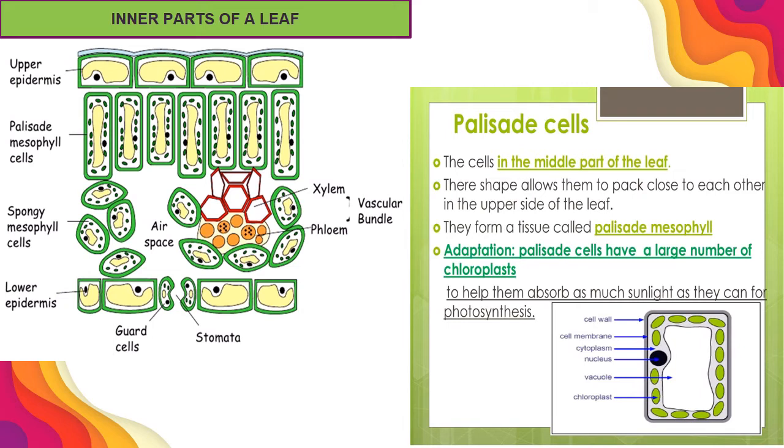Their structure: they are rectangular in shape and have large number of chloroplasts. Function: they help in absorbing sunlight during photosynthesis.